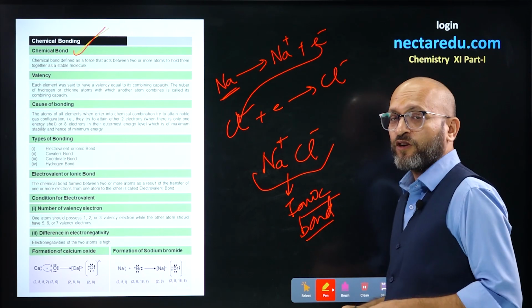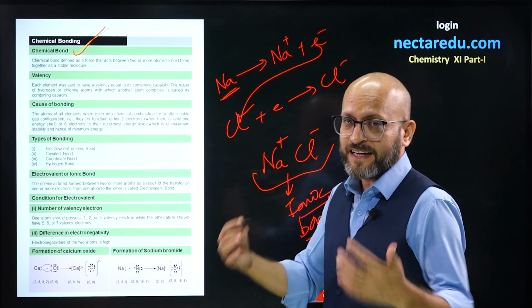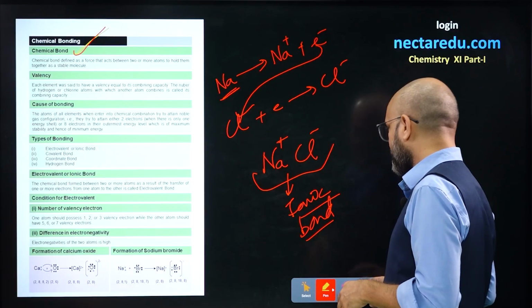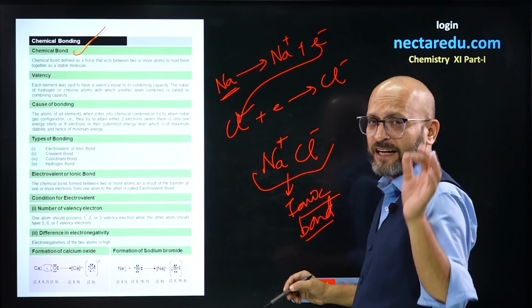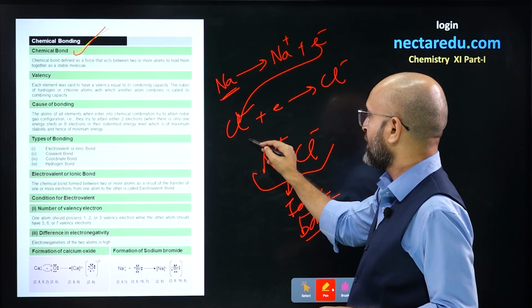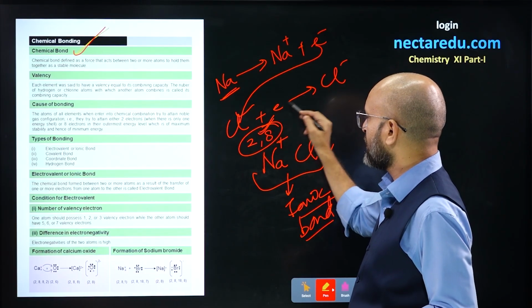So, if transfer of electron is happening between two atoms and they get attracted to each other, then we say an ionic bond is formed. And you can check out, they have a noble gas configuration. That means in their outermost shell they have 8 electrons. For example, in Na plus we have 2, 8 electrons, 8 in the outermost shell.